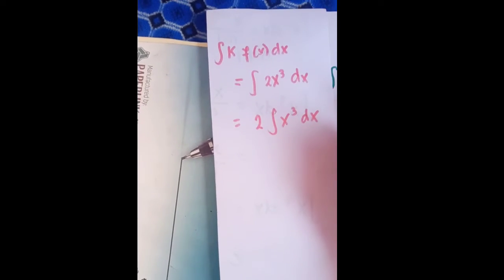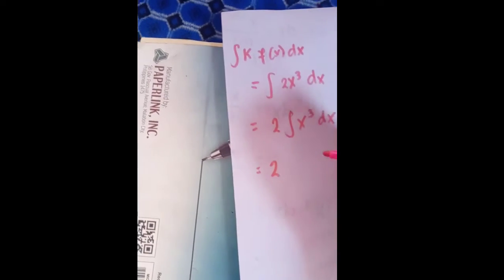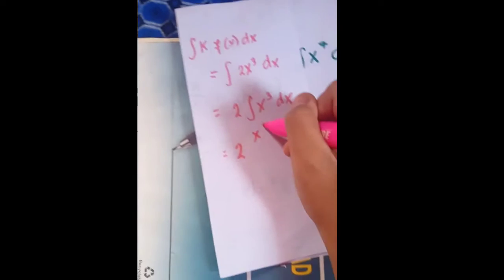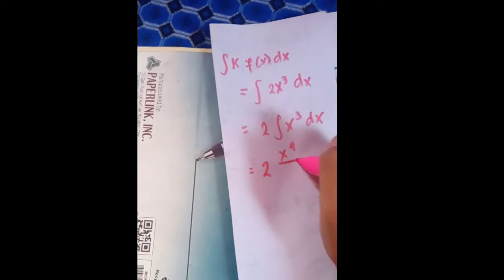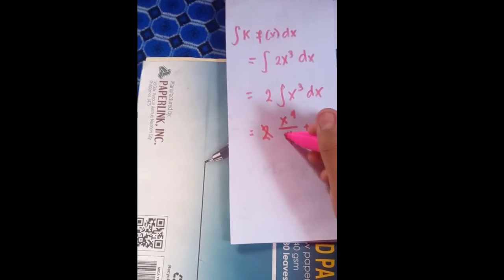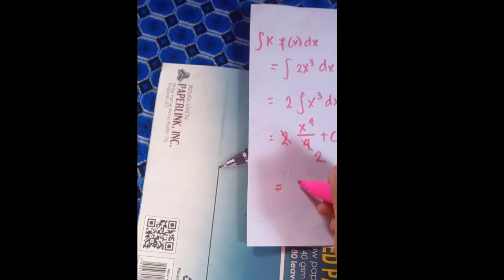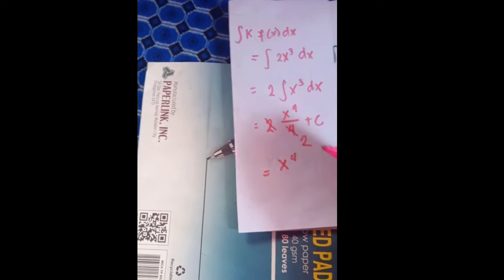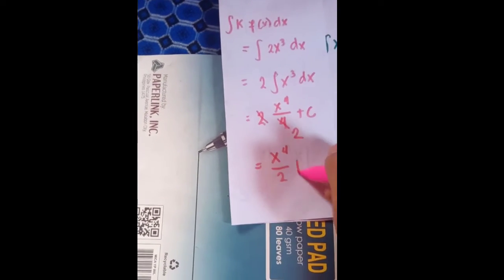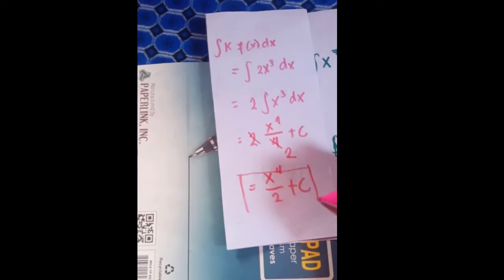So apply the power rule, which is 3 plus 1, is x to the fourth power over 4 plus c. And here you should cancel the 2 and the 4, which is reduced to 2, is equal to x to the power of 4 over 2 plus c. That was the final answer.